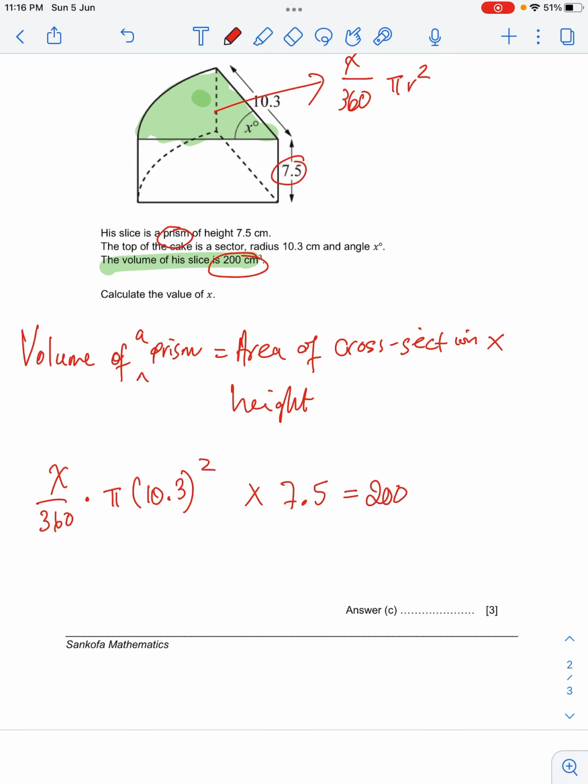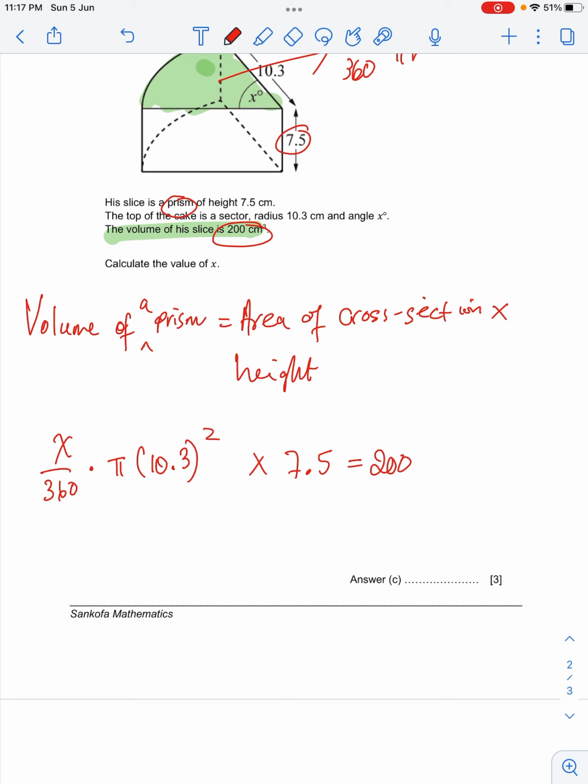So it's just a matter of cleaning this up and then sort of multiplying out, and it should give you some value. So at the end of the day, I am getting on this side 6.943574263x. That should give you 200.